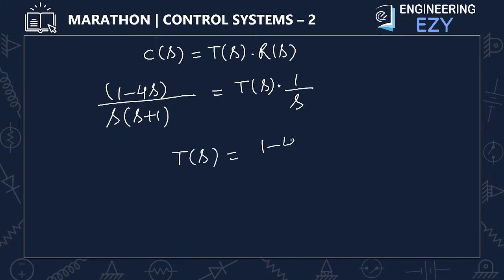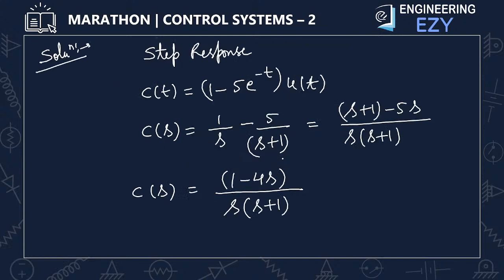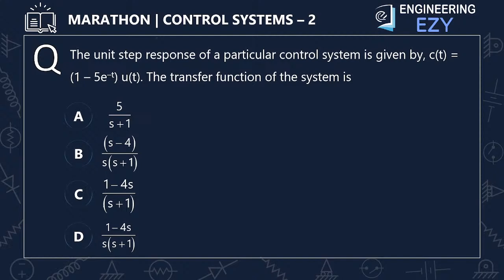T(s) is 1 minus 4s upon s plus 1. This is the correct answer: 1 minus 4s upon s plus 1, option C.